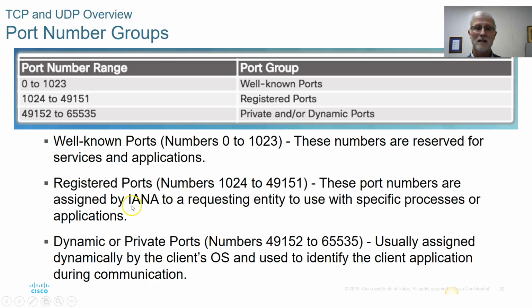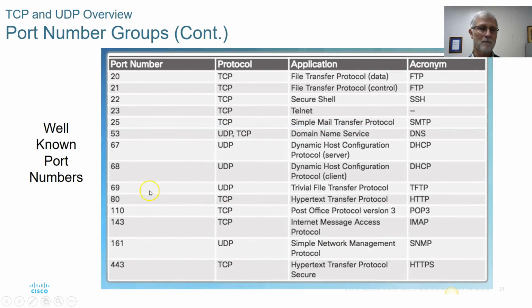Especially on the sending side, my destination is going to be a well-known port number if I'm sending an email. What I'm sending from, I don't care on my computer what it is, but I do care where it's going. So I'm probably going to use a well-known port on the destination, but my source is going to get a private port number, which I really don't care about. And those will change every single time.